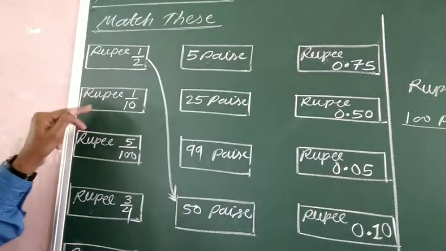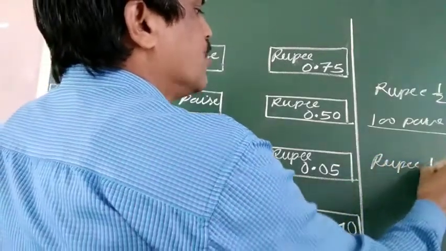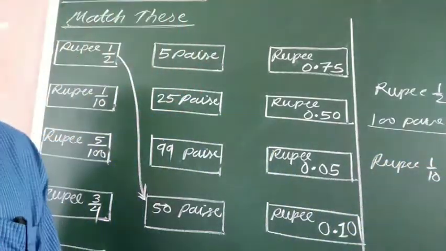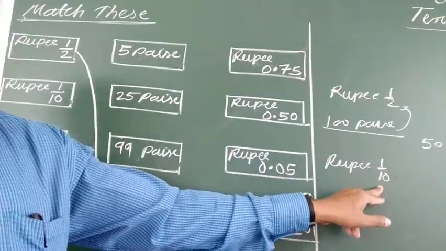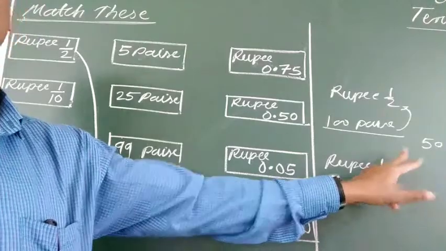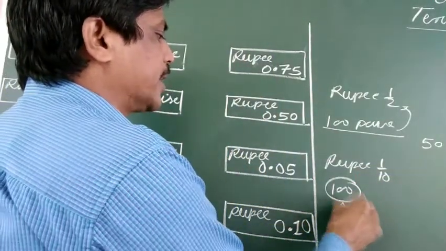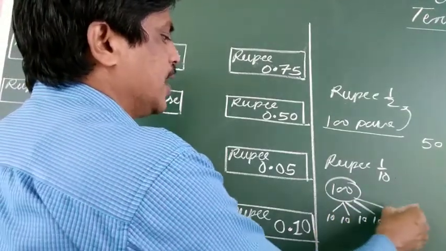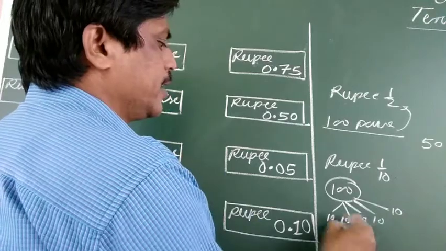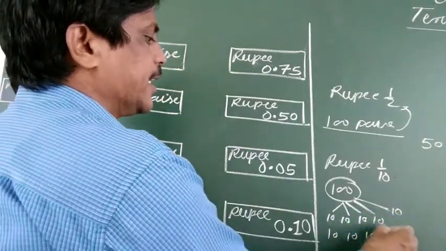Now see, rupee 1 by 10. What is meant by 1 by 10? 1 by 10 means there are a total of 10 parts, and out of these 10 parts we have to take one equal part. So if there are 100 paise and you make 10 parts like this, each part will be 10: 10, 20, 30, 40, 50, 60, 70, 80, 90, and 100.